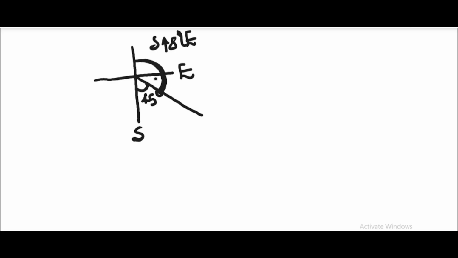So how do I find it in surveyor's bearing? I simply remove my theta from 180 because it's in the second quadrant, and that will give me 135 degrees. So that means 45 degrees southeast in compass bearing is equivalent to 135 degrees in surveyor's bearing.